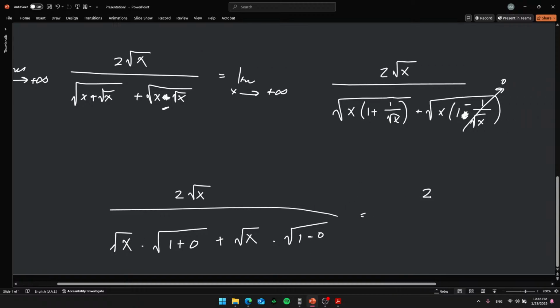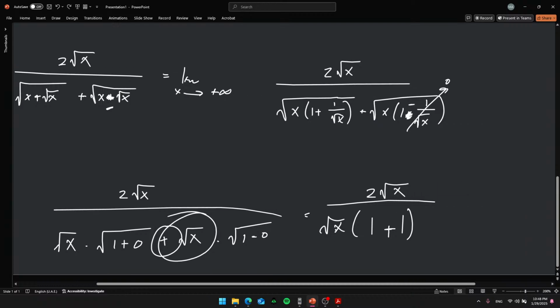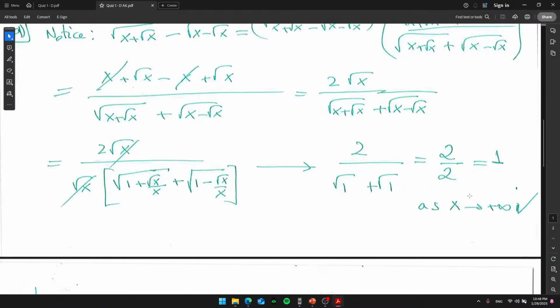So he took root x as a common factor, and 1 plus 1, because root 1 plus root 1. And since I already took root x as a common factor, the root will cancel. So 2 over 2 is equal to 1. Yep, 2 over 2 is equal to 1.